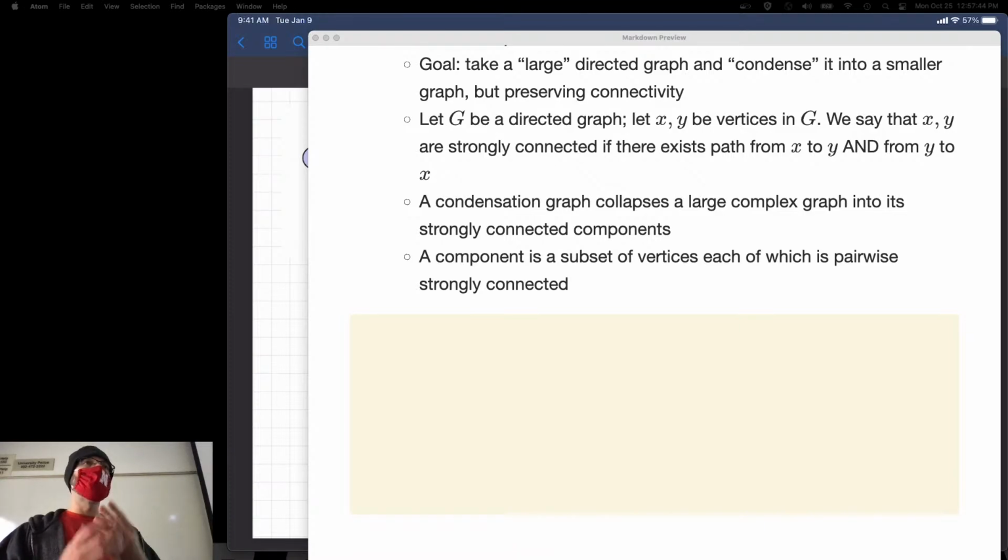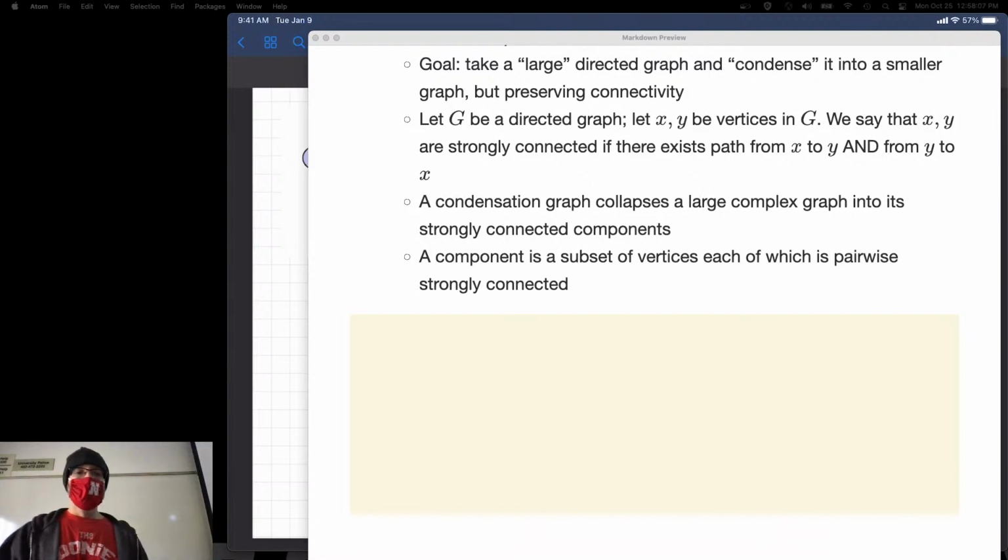So if I've got A, B, and C, A can talk to B, B can talk to C, C can talk to B, B can talk to A, A can talk to C, C can talk to A. In other words, they all know how to speak to each other. They're all strongly connected together. From any vertex in this group of three, I can reach any other vertex, and vice versa.